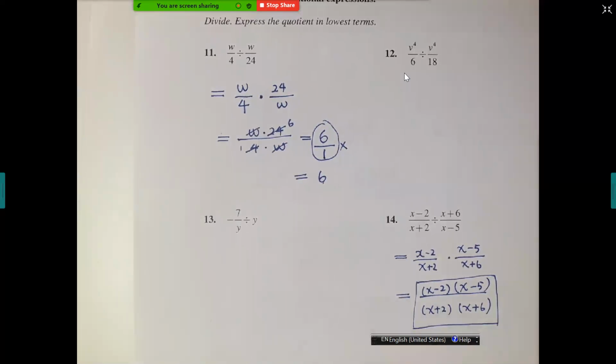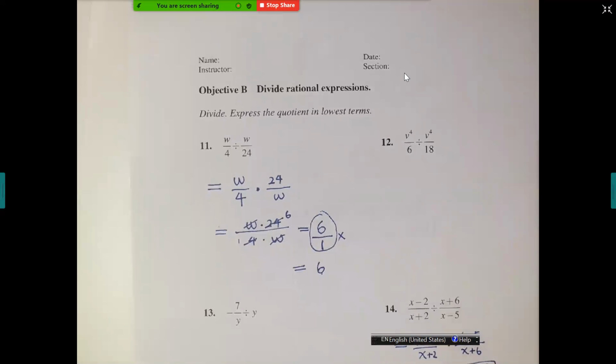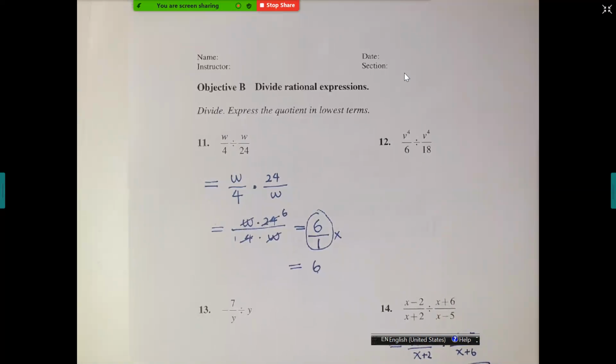So that's why we start from the easy thing. And then we move on to the harder things. So next week, we will be working on addition and subtraction of rational expressions. Be prepared. That will be very, very challenging. Okay, one problem might use a whole piece of paper if the problem is complicated enough.